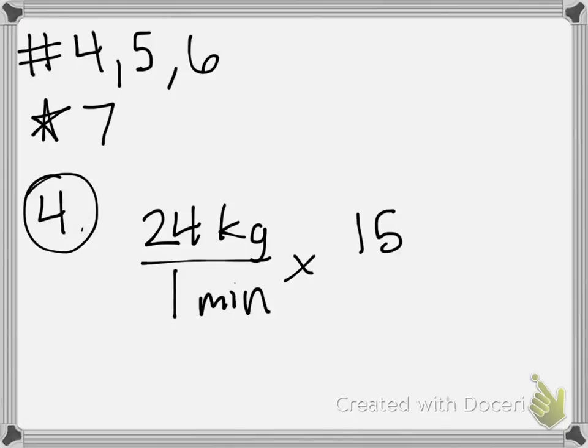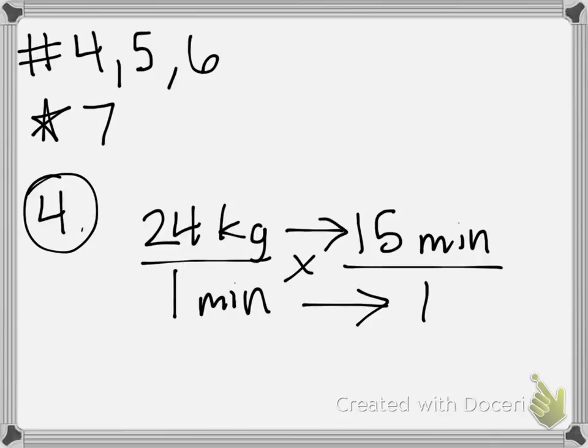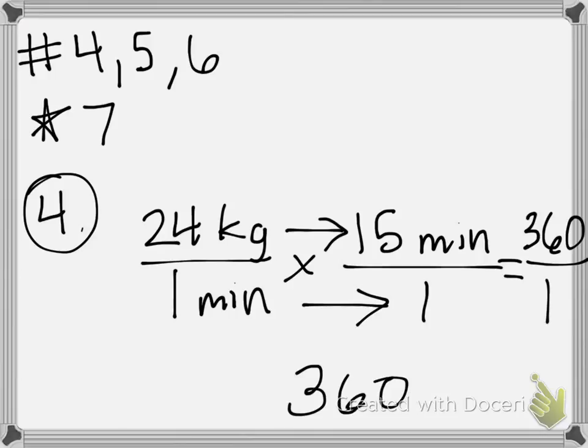So that's going to be 15 minutes over 1, because that's just a fraction of 15 over 1, and all we have to do is multiply going straight across. 24 times 15 gives me 360. 1 times 1 is 1, and so my answer is going to be 360, but what we have to pay attention to is what is the label. If you notice, the minutes cancel out, and we're just left with kilograms, so it's 360 kilograms.